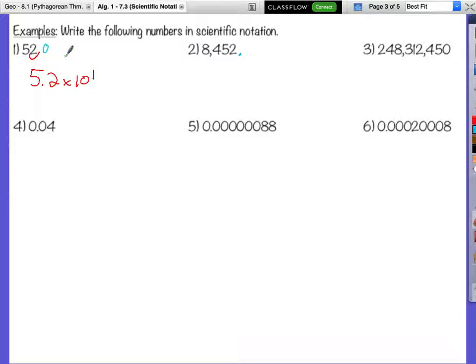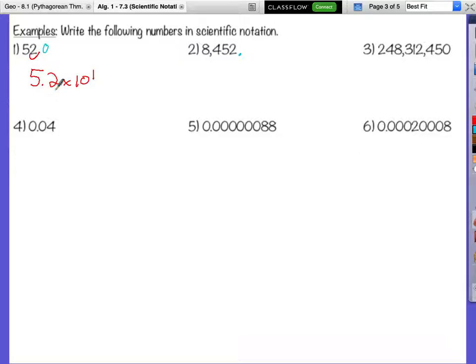So that means this number is actually going to be bigger or smaller than it looks like right now? It's going to be bigger. And is the number actually bigger than it looks like right now? Yes, so that's how we can remember it's correct. Think about it, if I were to put it back to normal, I would need to go positive, which is which direction on the number line? Right, positive is right. So if I were to put it back into normal, I'd have to go to the right, which is positive. That's correct.